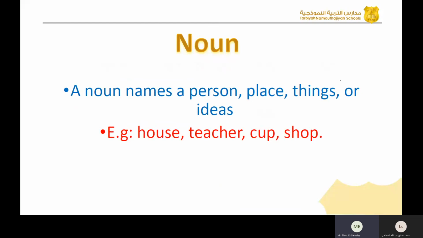A name of a place like the zoo, the park, the club, the school, any place. Names of things like chair, door, cup, iron, anything. So the noun is a name. Nouns are names. Let's go to the examples.